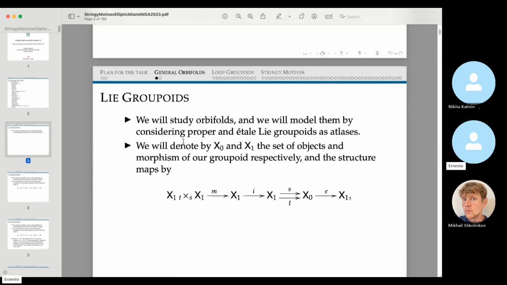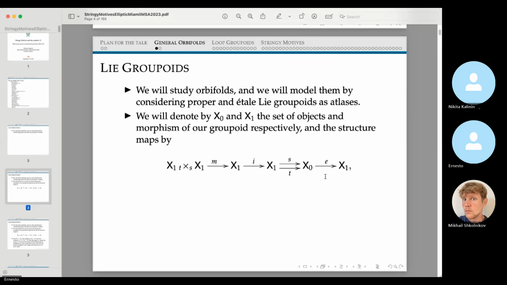So again, a groupoid. Traditionally for a group, X0 would be the set with one element, and X1 would be the group itself. Here the source and the target maps: every arrow of a group goes from that one element to that one element.